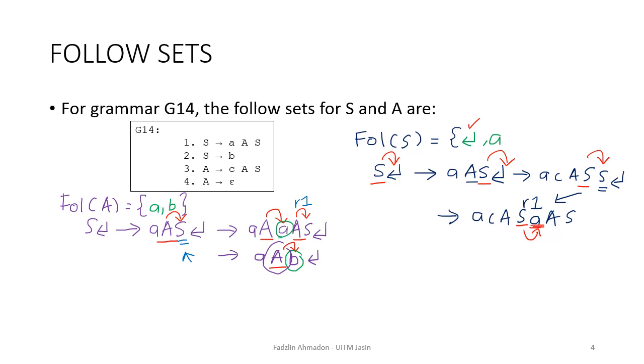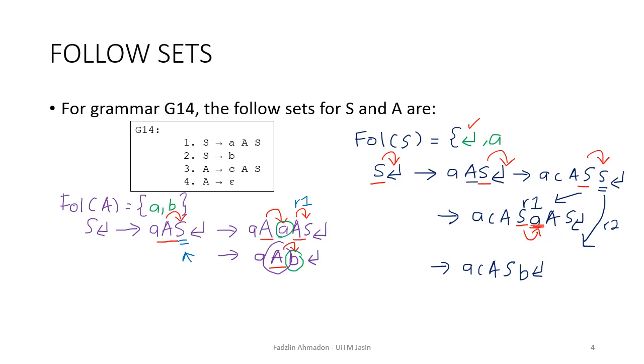And what if here I replace this S with rule 2, or derive this S using rule 2? I will get A C A S B. Okay, do not forget the end marker at the end.